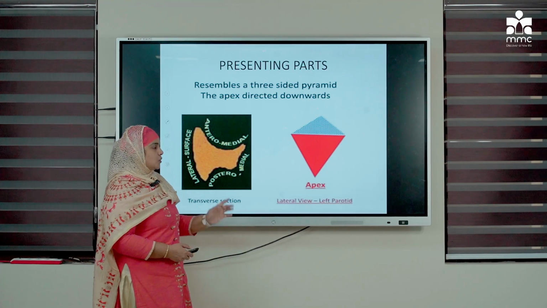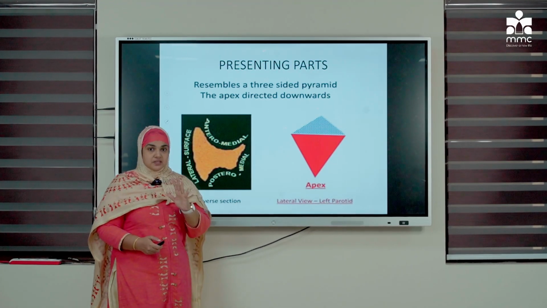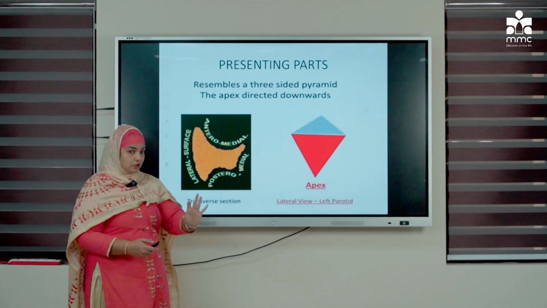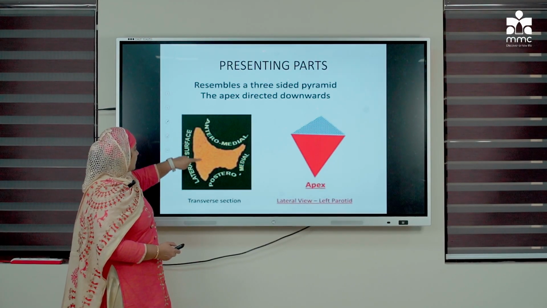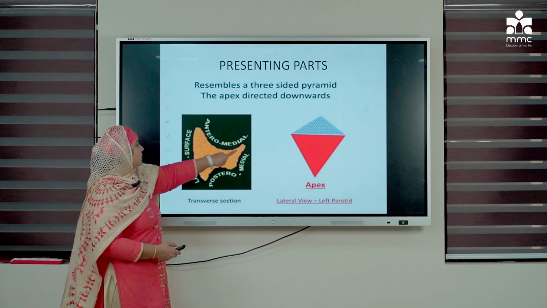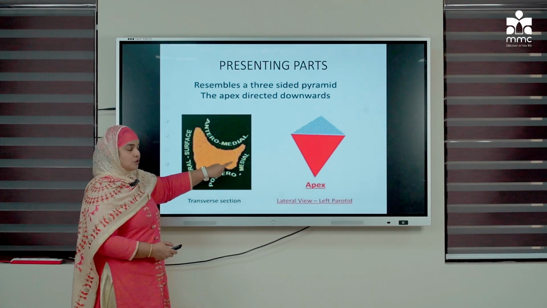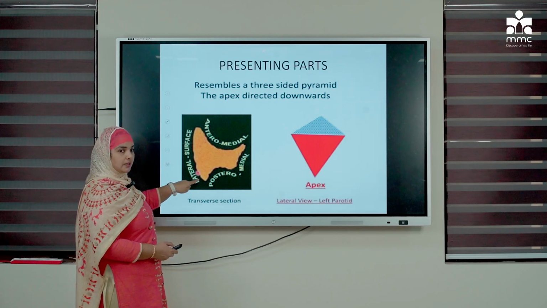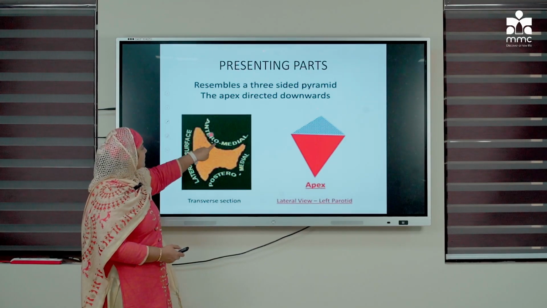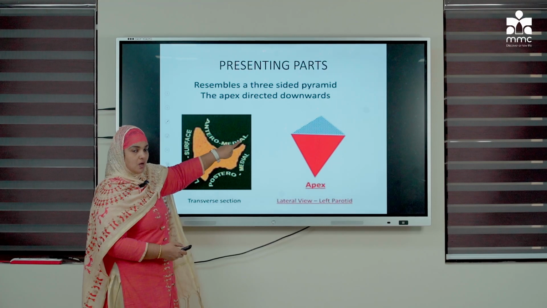Clear? So for these three surfaces to be formed, we have three borders also. We have an anterior border here, we have a posterior border here, and we have a medial border here. So the anterior border separates the superficial surface or the lateral surface from the anterior medial surface.